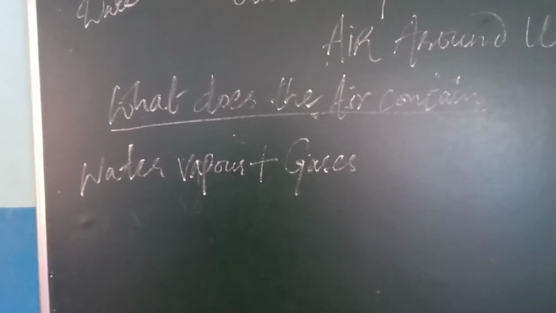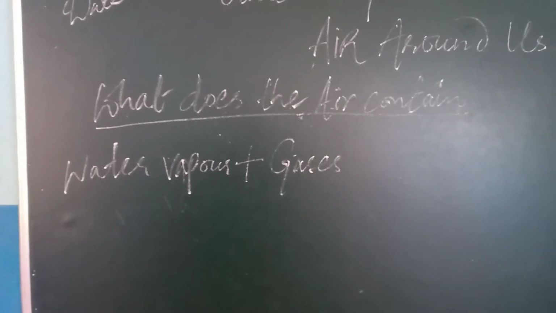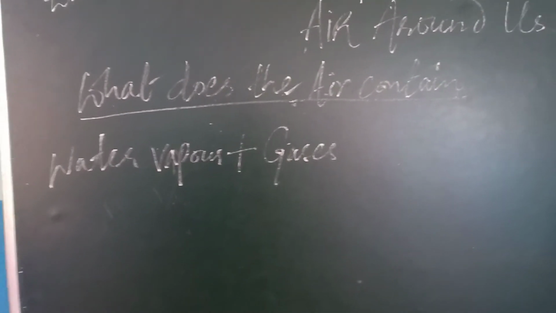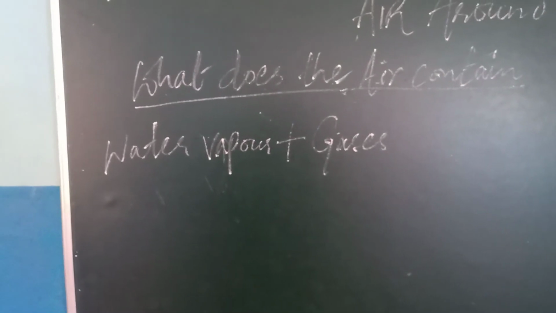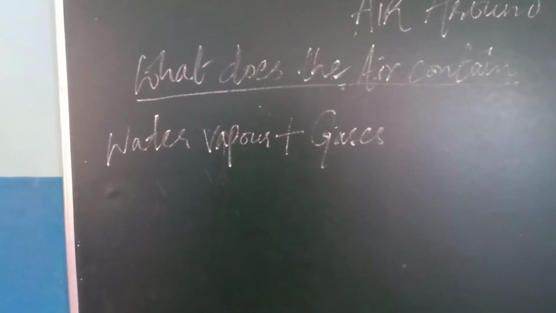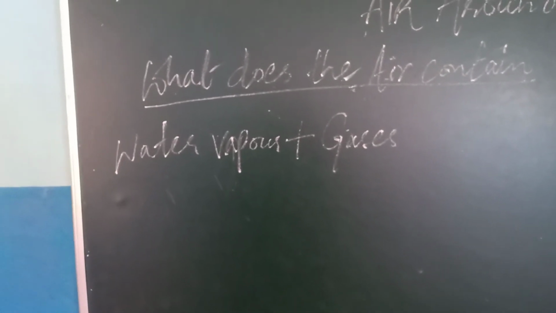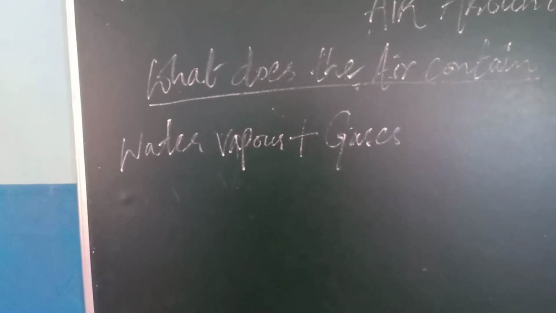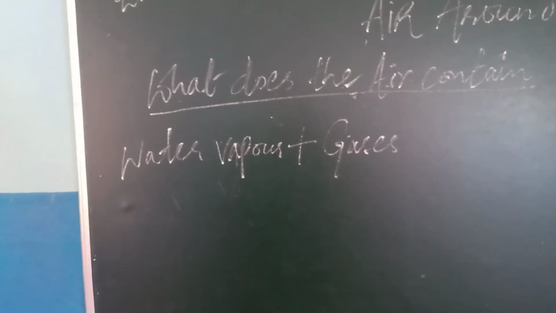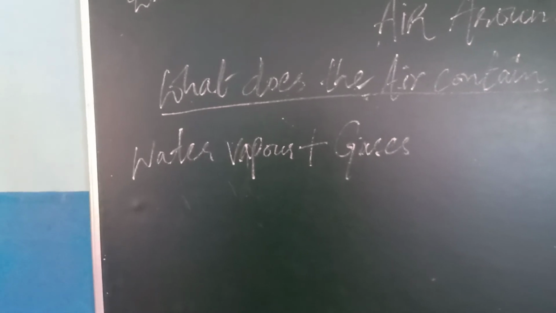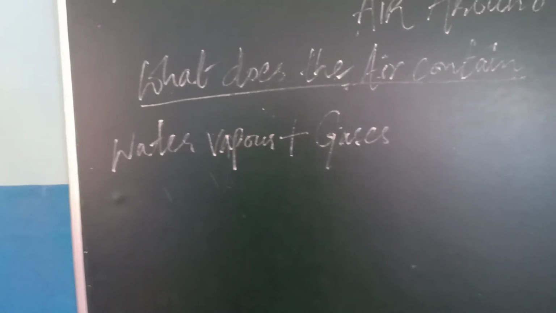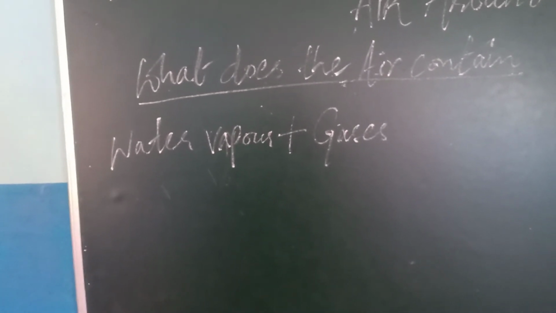The next subtopic we have here is: what does the air contain? Water vapor plus gases. A mixture of both is called air. Wet clothes kept under the sun become dry after some time. The heat of the sun changes the water present in these clothes into water vapor.